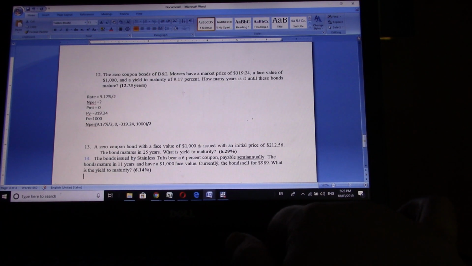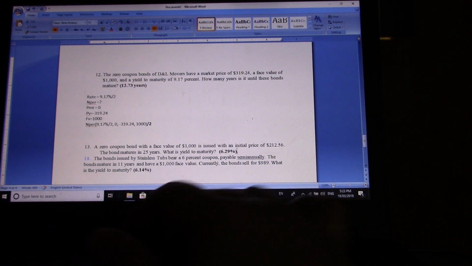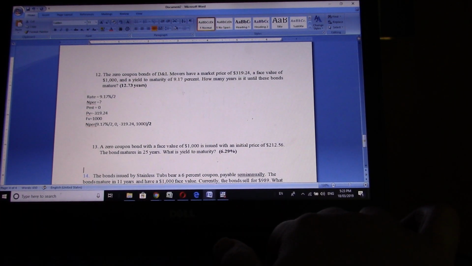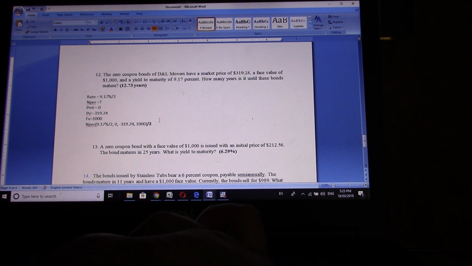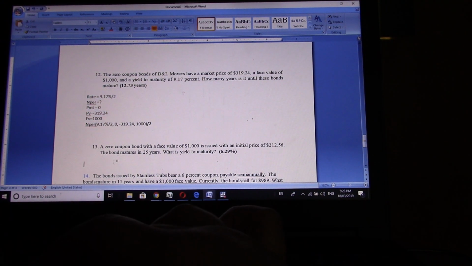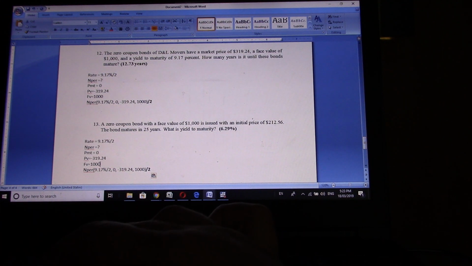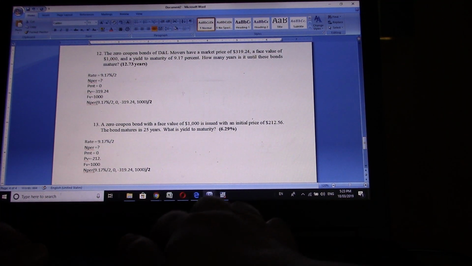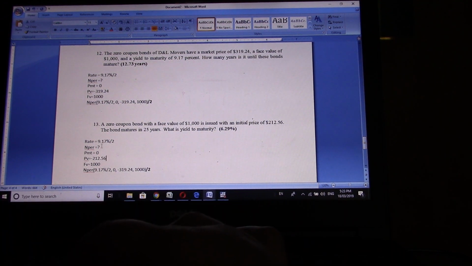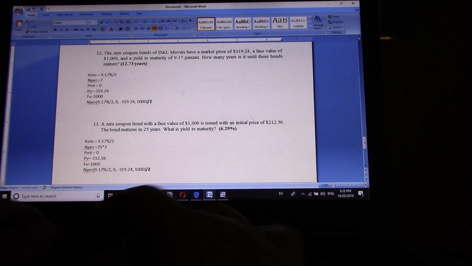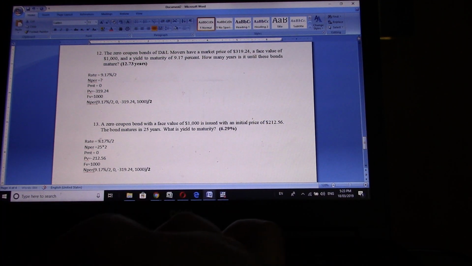Okay, so we've got 2 more questions to do. 13, it's also a zero coupon bond. We don't need to repeat this one, but let me still give you the inputs for this one. Zero coupon bond, $1,000, price 212.56, and Nper is 25 multiplied by 2. It's asking for the rate.